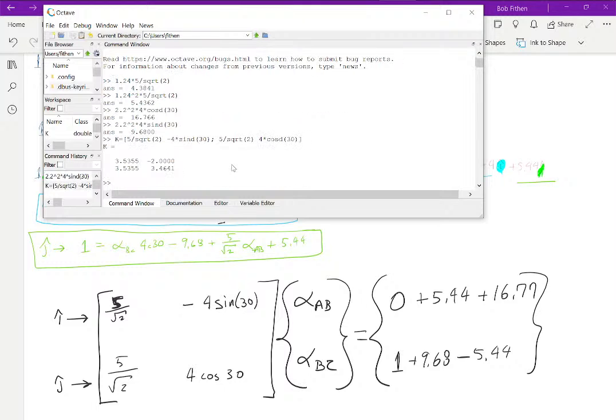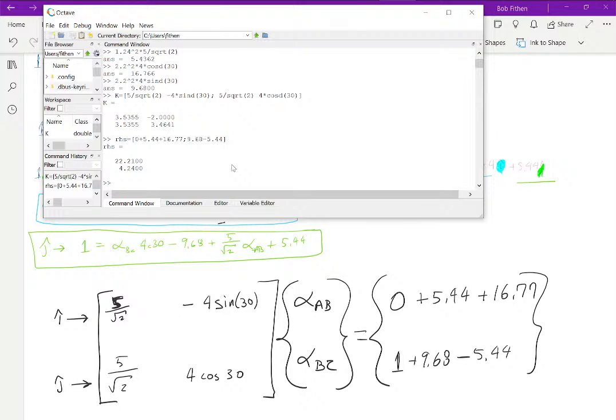Close the brackets. There's my matrix. That's what sits on the left-hand side. Right-hand side: 0 plus 5.44 plus 16.77. Next row, 1 plus 9.68 minus 5.44. Close bracket, hit enter, I get that term.